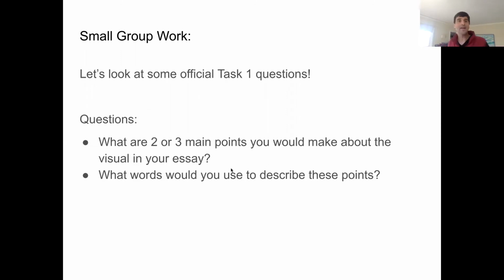And here's what I'd like for you. And by the way, I think this is related to what Juan was just talking about. This is a good activity for developing your ability to write clearly about task 1 prompts.